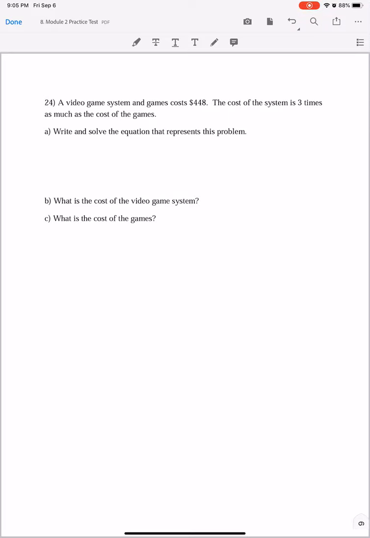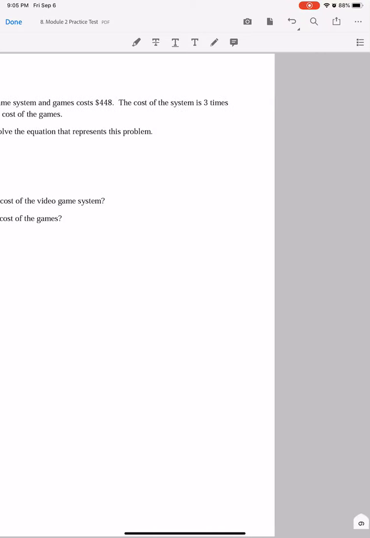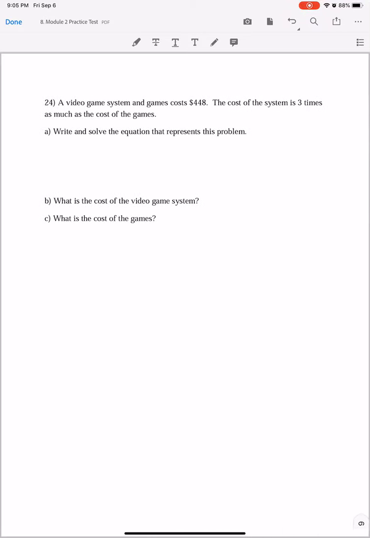And we can't end this without a nice word problem. So your last problem here: a video game system and games cost $448. The cost of the system is 3 times as much as the cost of the game. So we need to write and solve an equation that represents this problem.